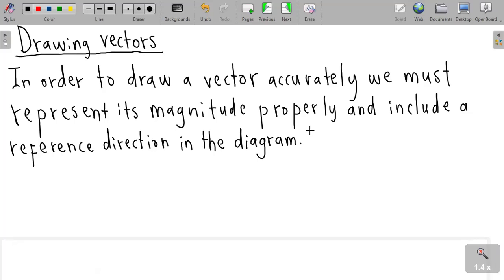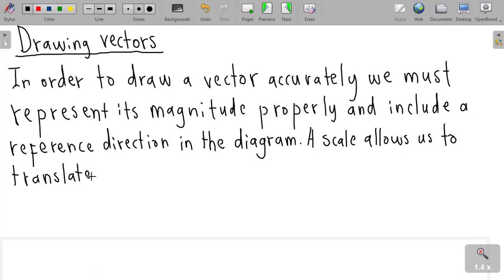A scale allows us to translate the length of the arrow. And this is important, guys.